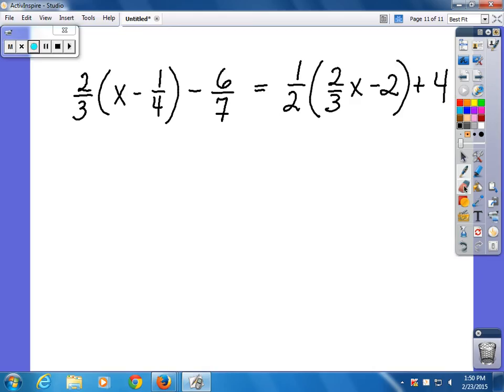Right now, the three terms that you need to focus on are where? 2/3. Where else? 6/7 and 1/2.